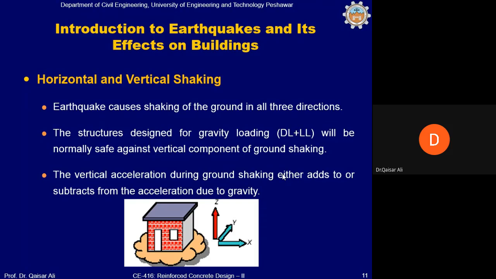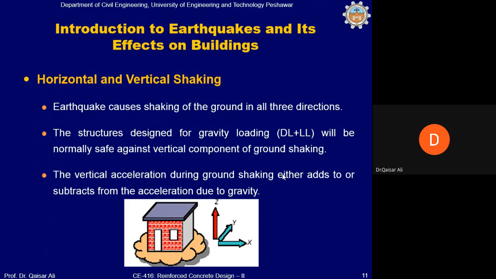This vertical acceleration during ground shaking either adds to or subtracts from the acceleration due to gravity, which means that when there is an earthquake, the vertical acceleration is basically a fraction of the gravitational acceleration, fraction meaning 0.1, 0.2, 0.3 g. This, when multiplied with the mass of the structure, creates a force created by the earthquake motion.